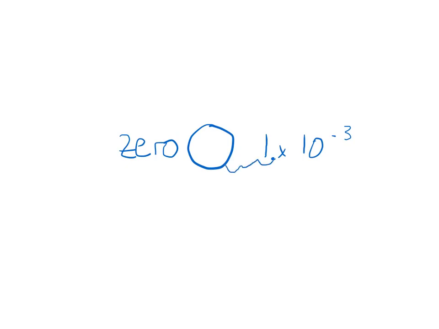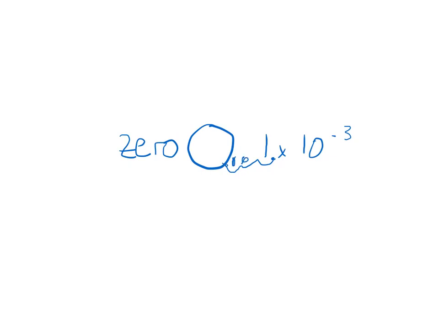Alright, example 4, compare. Would you rather have 0, or would you rather have 1 times 10 to the negative third? Well, my decimal's right here, so I'm going to do 1, 2, 3.